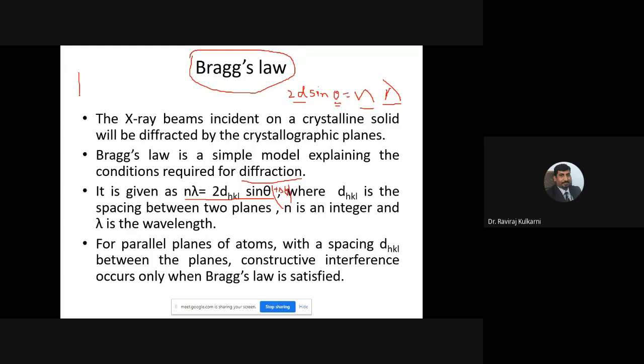No, it doesn't follow Bragg's law. Any angle other than this angle, which satisfies 2d_hkl sin theta equal to n lambda, does not work. Only if this equation is satisfied does constructive interference occur, otherwise no.